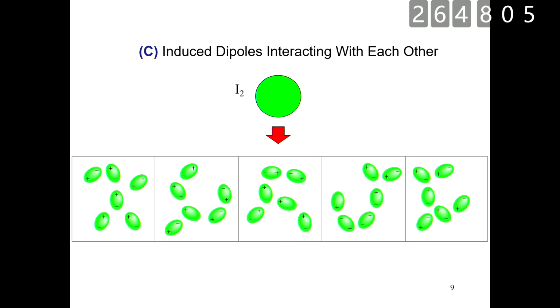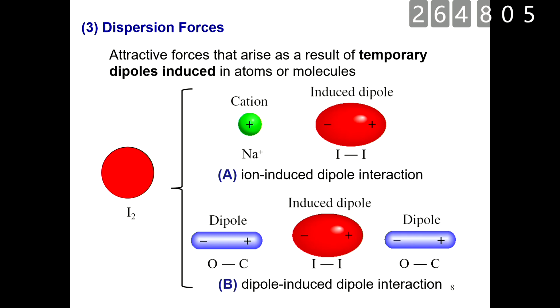So here we introduced that there are three kinds of dispersion forces. The first one is called ion induced. The ion can be a cation or an anion. The second one is dipole induced, so it's induced by the dipole molecule.